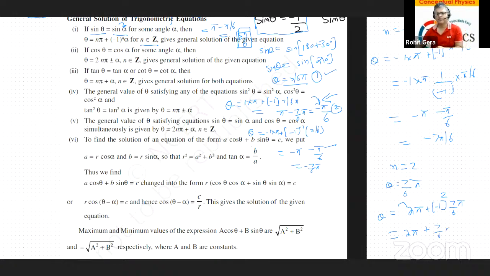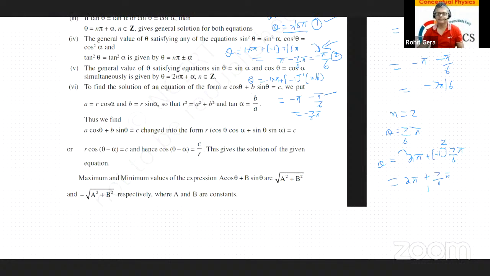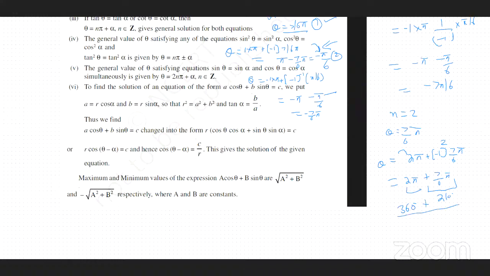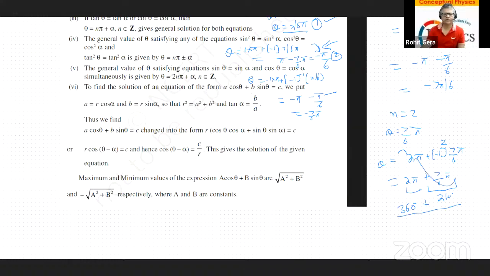So this will become how much? This is 210 degrees and this is 360 degrees. तो बढ़ जाएगा ना ये? Yes, sir. इसको छोड़ दो. So don't include n is equal to 2. So you just take n is equal to one value of theta. You already got started with this. Then you got another value, which was this. And then one more.